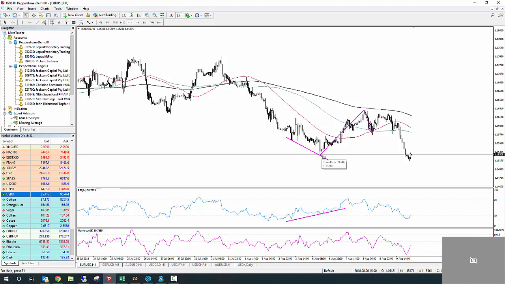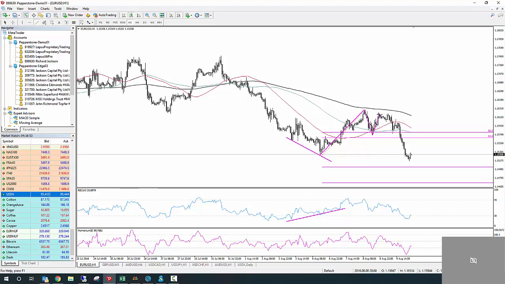I certainly did it, and it didn't work for me. I took a long in here at this cross of the two moving averages and the 50%, a very nice trade to the upside, but obviously it didn't work. It had a test, and then it fell away.